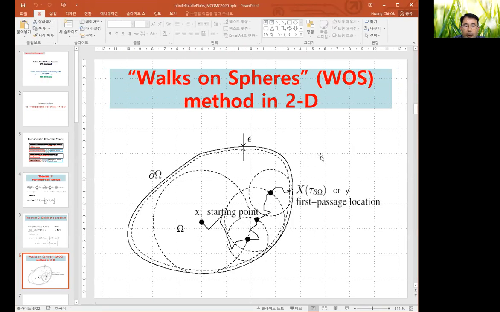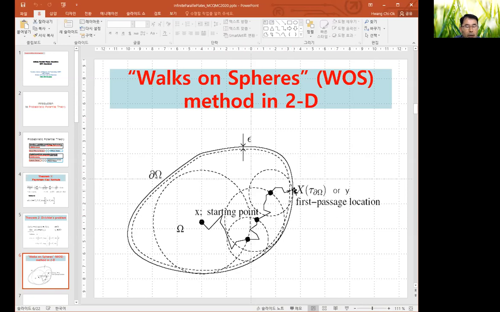For example, if you solve a Laplace differential equation on a two-dimensional boundary value problem here, and you want the solution at the point x inside the domain, you can simulate a diffusion process inside this domain until the diffusion hits the boundary.